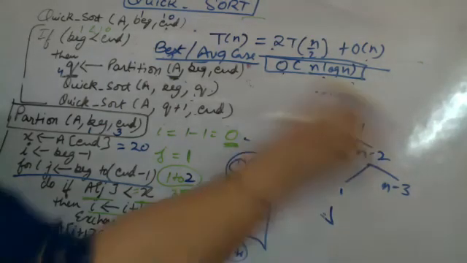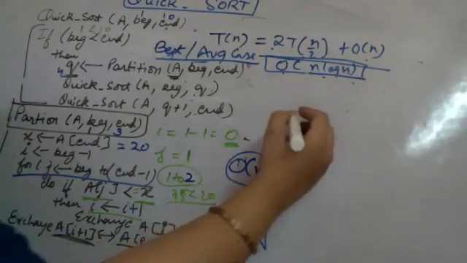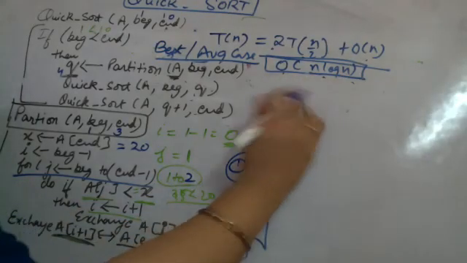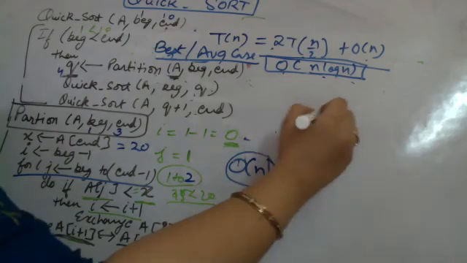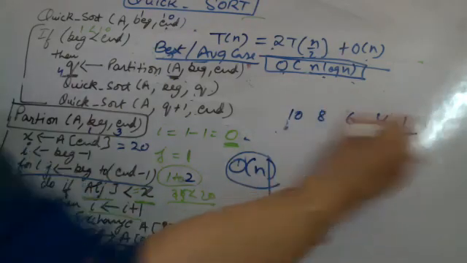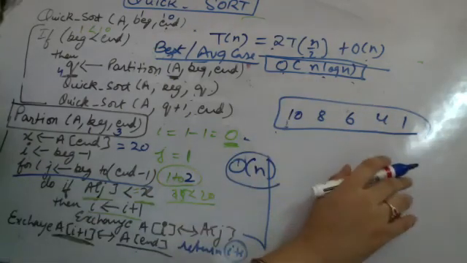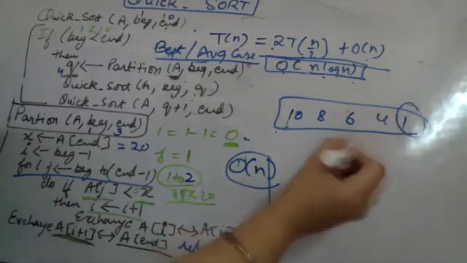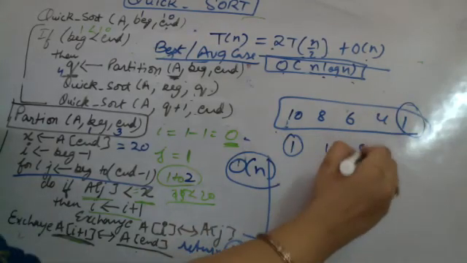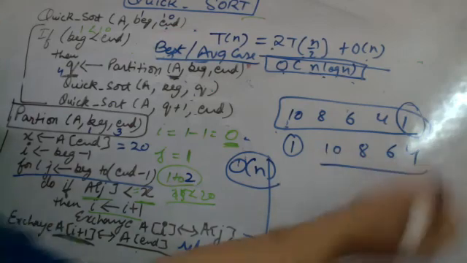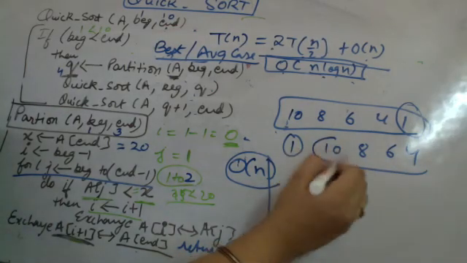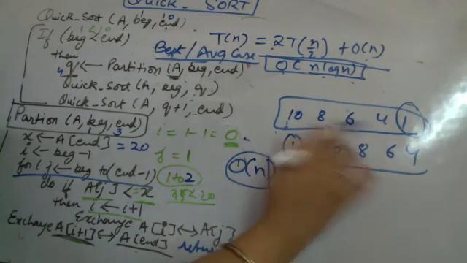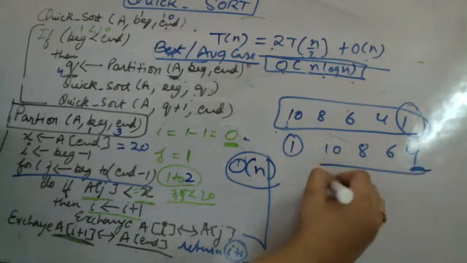Understand the worst case like this: your list is 3, 10, 8, 6, 4, 1. Supposedly this is my worst case. I pick 1. 1 comes here. For 10, 8, 6, 4, quicksort is called again on n-1 elements. 4 is the next pivot picked up. 4 comes here.